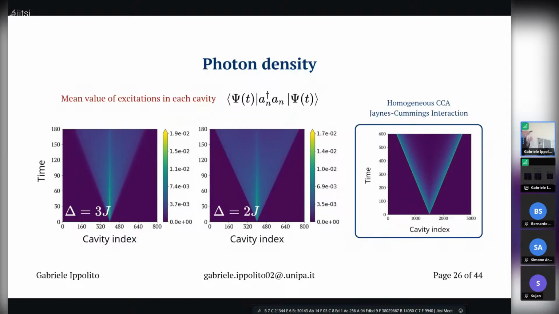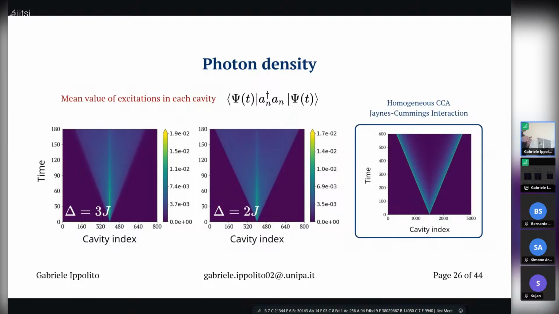For comparison, here I show you the typical photon density in a homogeneous coupled cavity array with linear interaction. In that case, what I explained to you before is that we have one photon that is emitted from the atom, and the photon propagates along the array, either leftward or rightward.